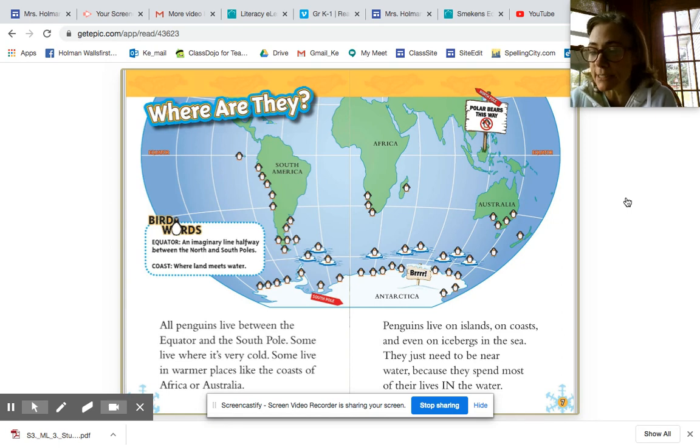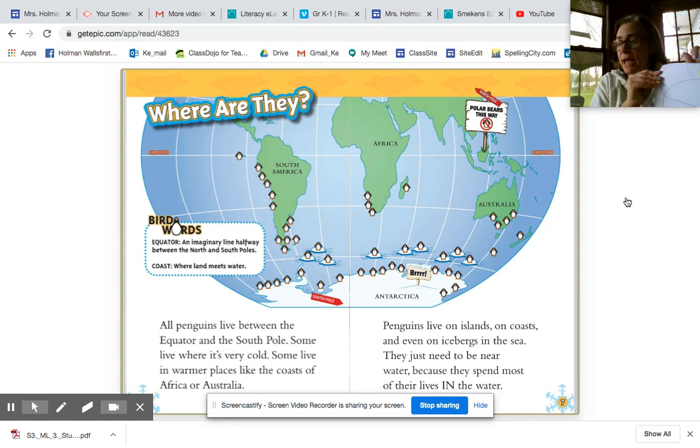All penguins live between the equator and the South Pole. Some live where it's cold. Some live in warmer places like the coasts of Africa or Australia. Penguins live on islands, on coasts, and even on icebergs in the sea. They just need to be near water because they spend most of their lives in the water.